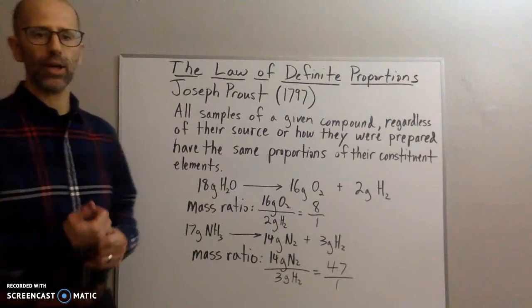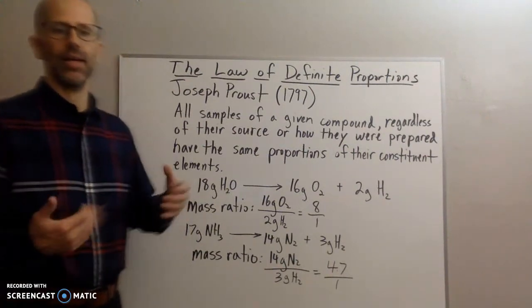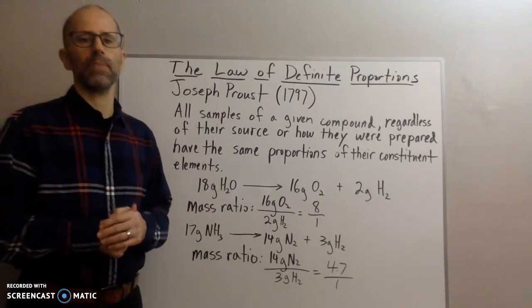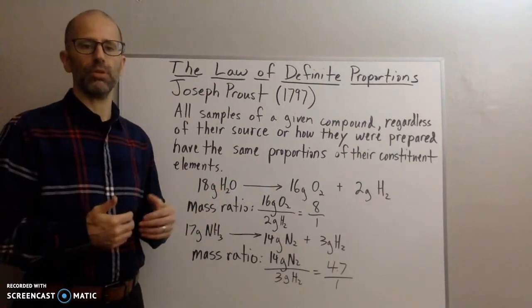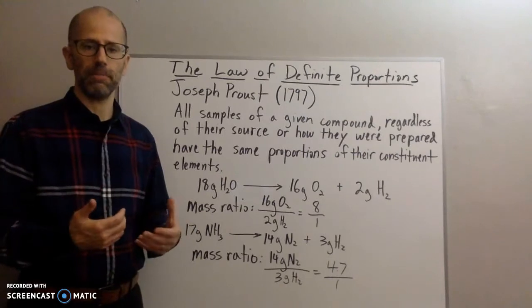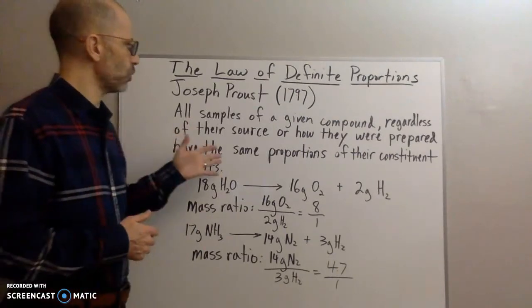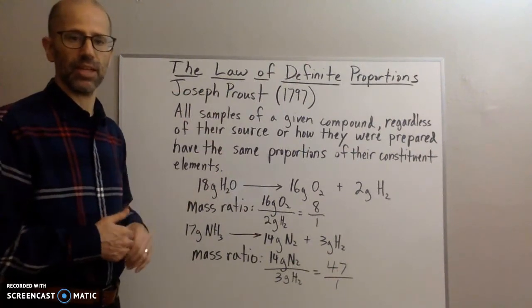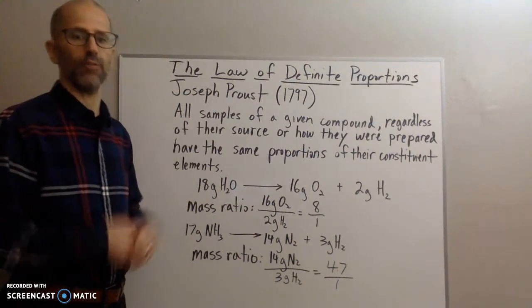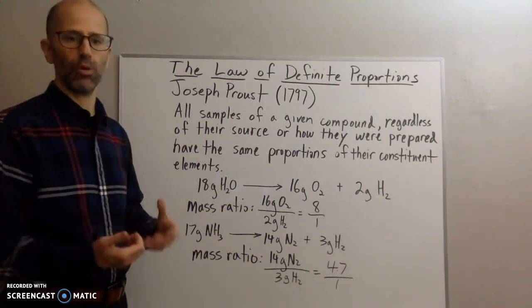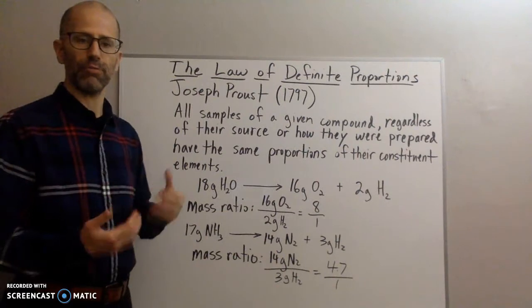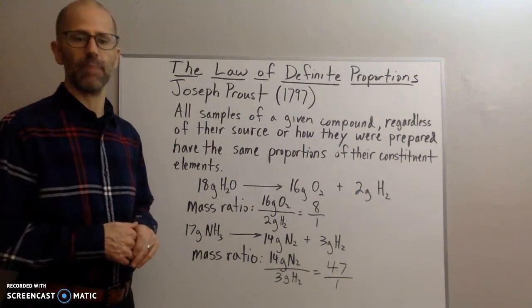So again, no matter where or how I make the ammonia, the ratio is always going to be 4.7 to 1. And so that is what we mean by the law of definite proportions. Definite, again, meaning constant: the law of constant proportions. The proportion is always the same between the elements that we find in our compound.